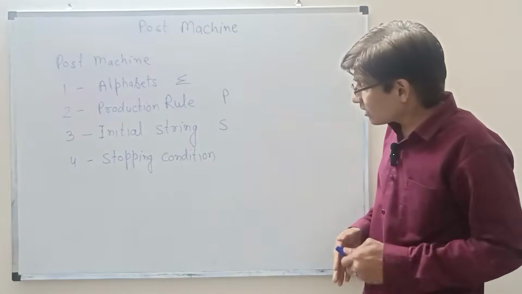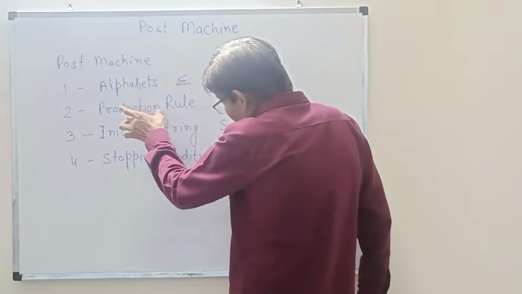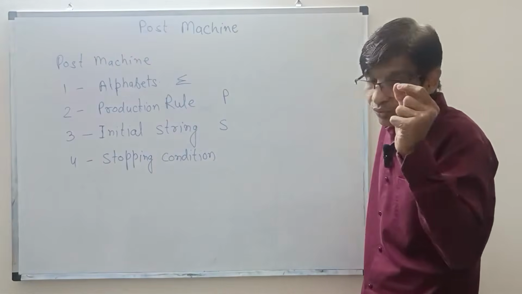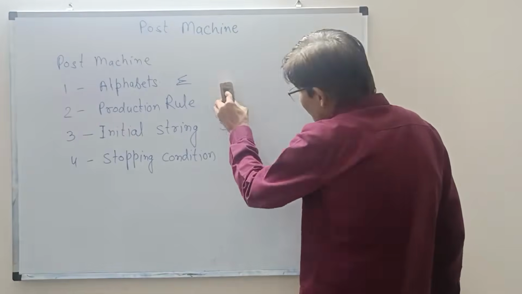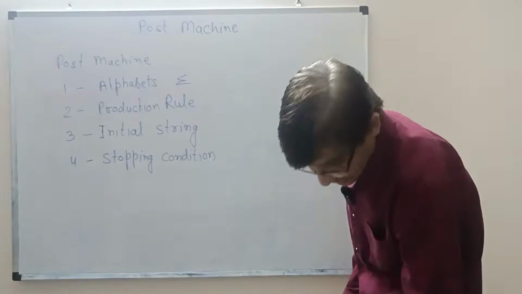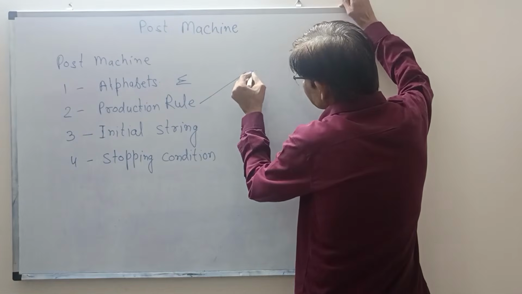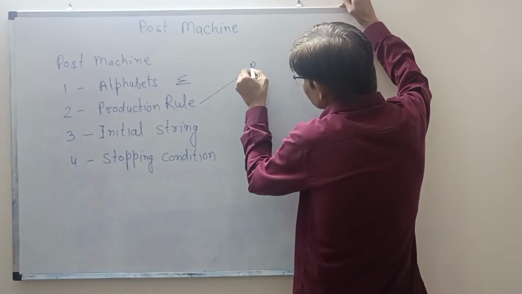Now for production rules, again we are having four different types of production rules. So now I will tell you these four types of production rules. So first is replacement rule.